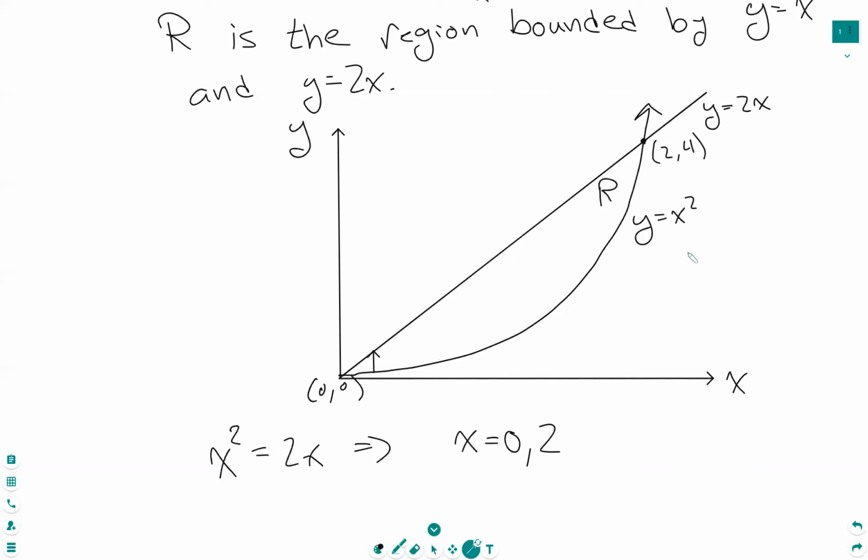Or I could go traces in the horizontal direction that start on the line and end on the parabola. But notice which way that I do this depends on which one is my lower function and which one is my upper function. In this case, I start on the line and end at the parabola. But the other way, I start on the parabola and end on the line.